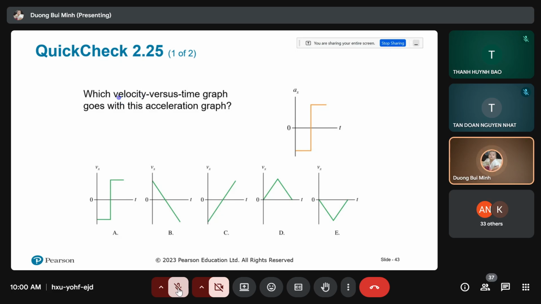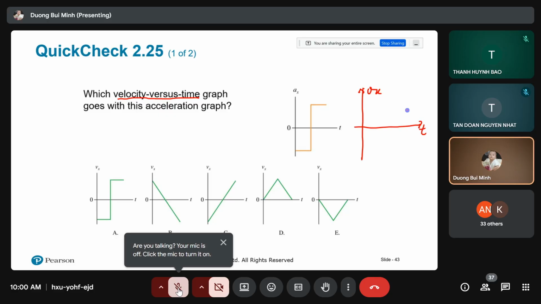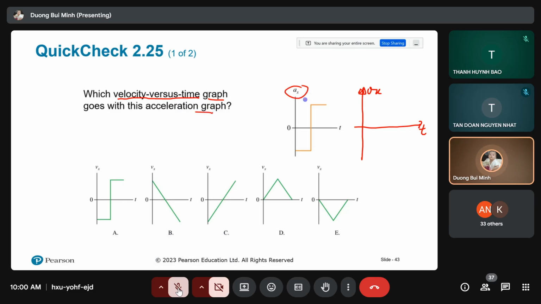Which velocity versus time graph goes with this acceleration graph? They give us the acceleration.